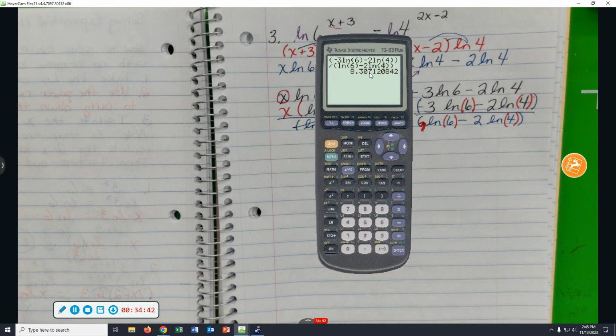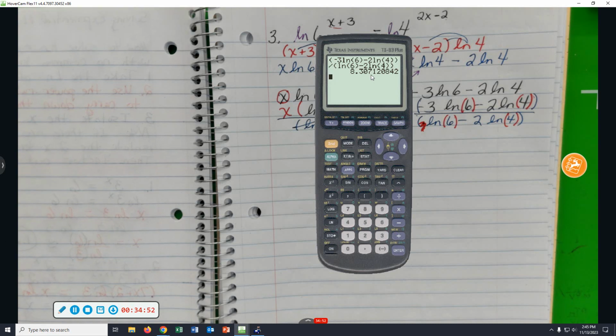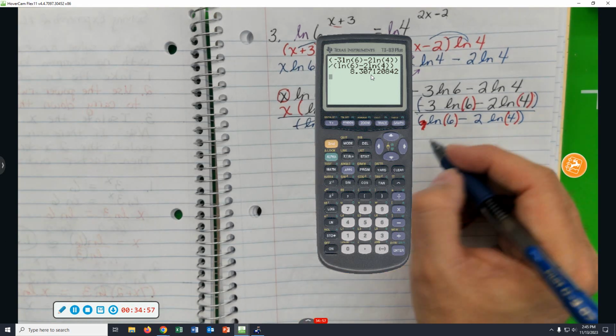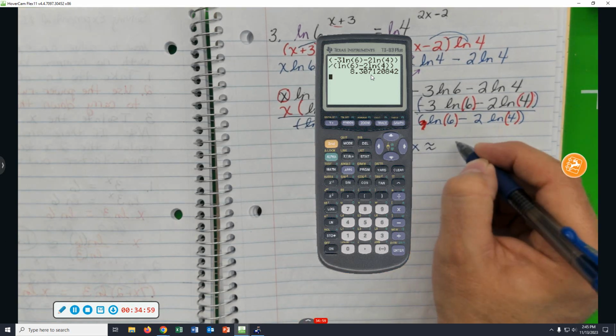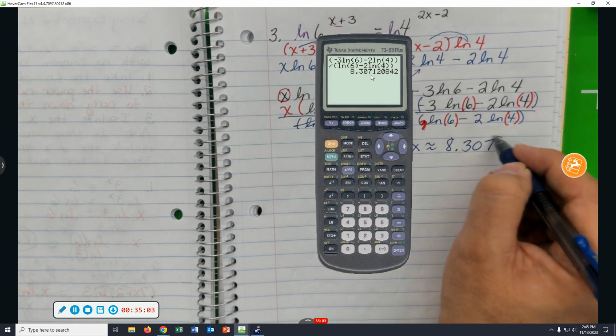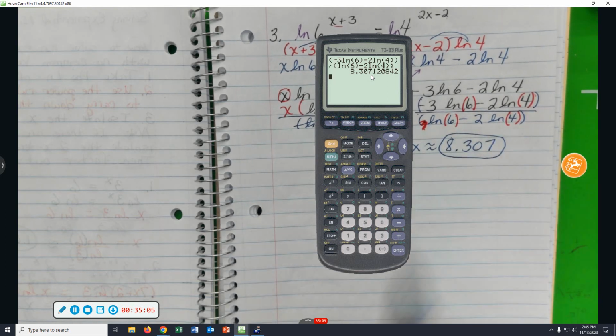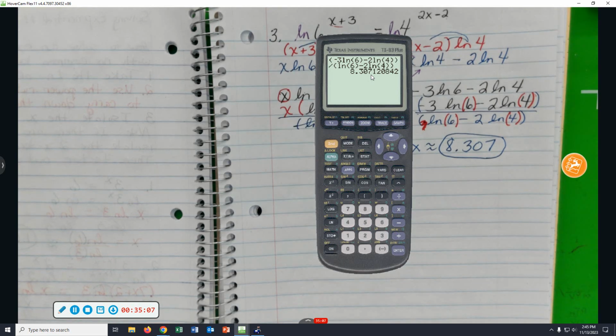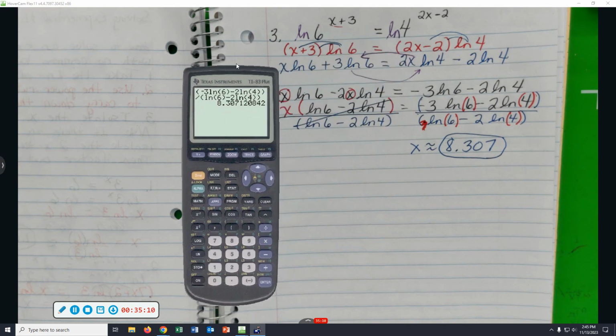So rounding to the nearest thousandth is the same thing as saying round to 3 decimal places. So 8.30, leave it as a 7 or round it up to an 8? Leave it. 8.307.